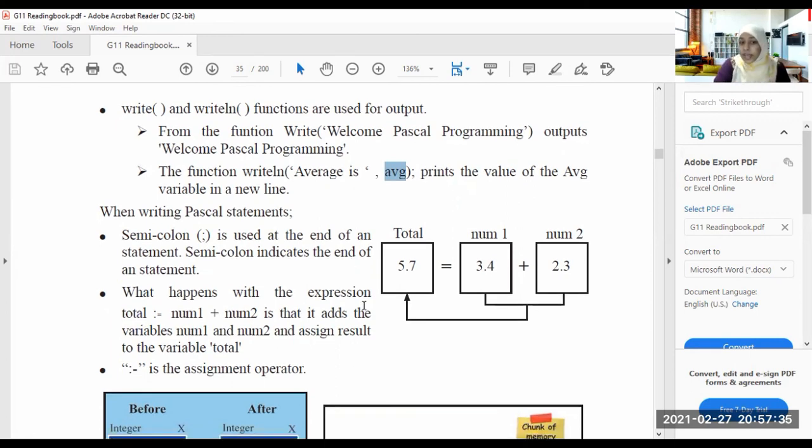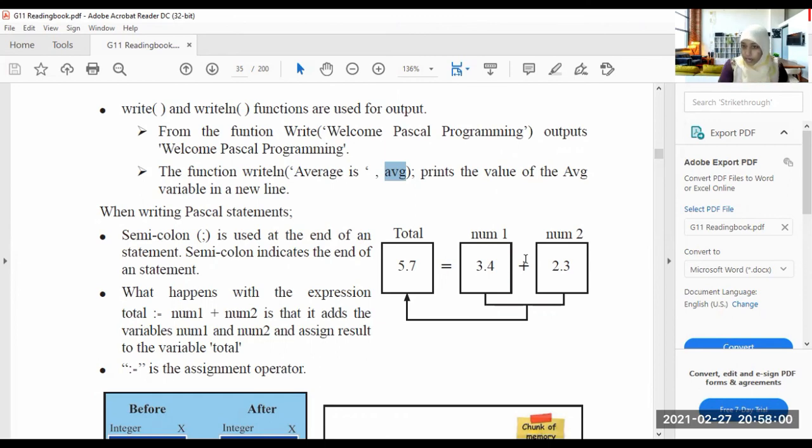What happens with the expression total := num1 + num2 is that it adds the variables num1 and num2 and assigns the result to the variable total. When I say total equals num1 plus num2, it means now I am inputting a number.